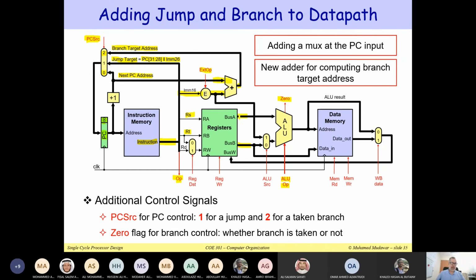Remember that these values are available on bus A and bus B. So we use the ALU for comparison. All we care about is equality, equal or not equal. So this is the importance of the 0 flag. If the 0 flag equals 1, it means they are equal. If the 0 flag equals 0, it means they are not equal. That's the meaning of the 0 flag.